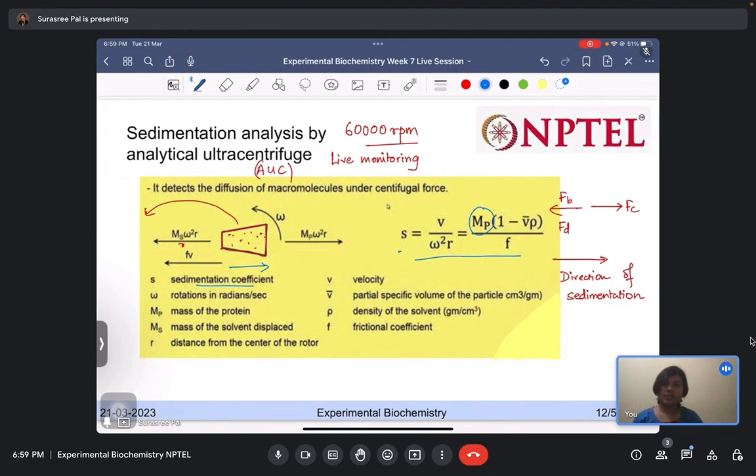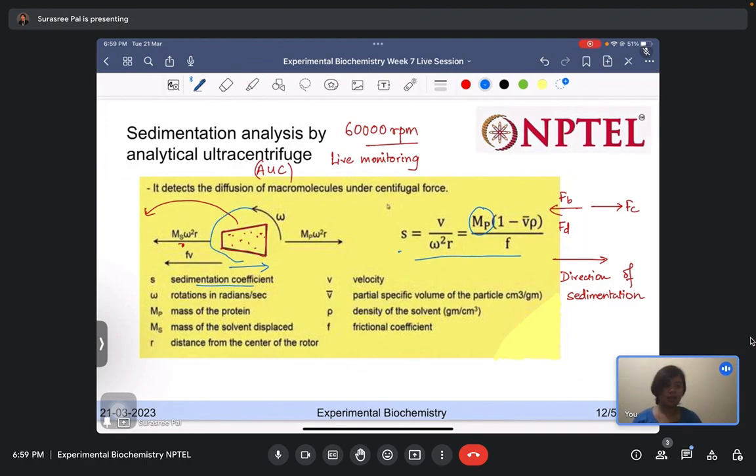So from this analytical ultracentrifuge machine, where the sample is being rotated or centrifuged at very high speed, there is actually live monitoring of this sample inside the machine.